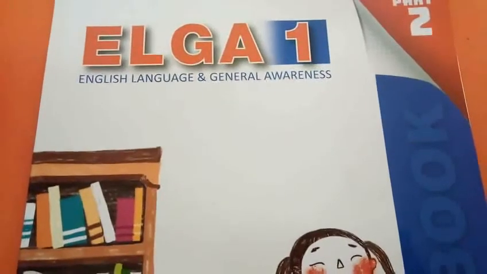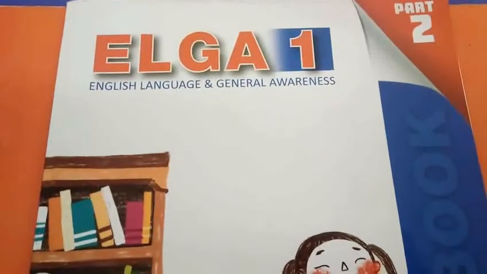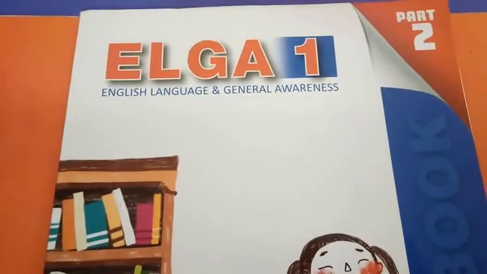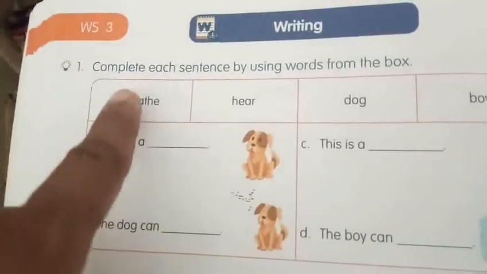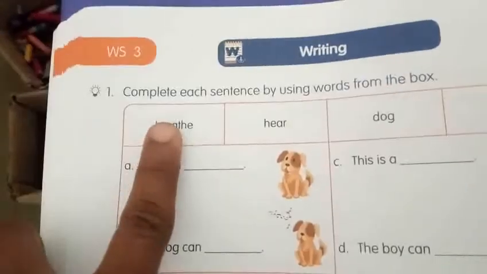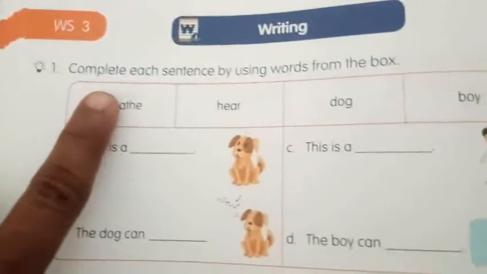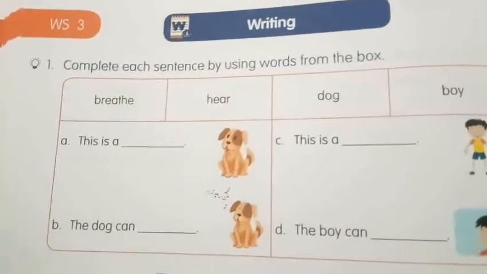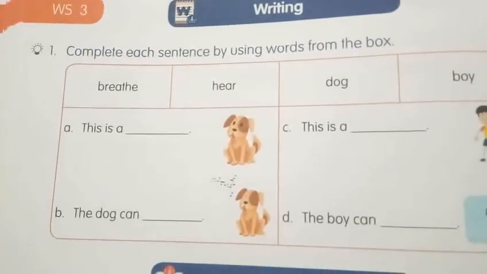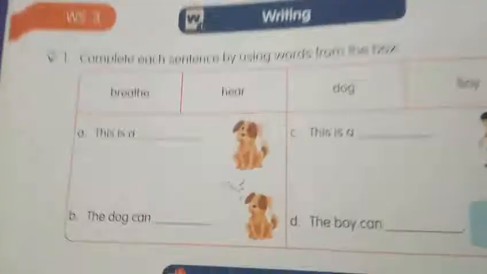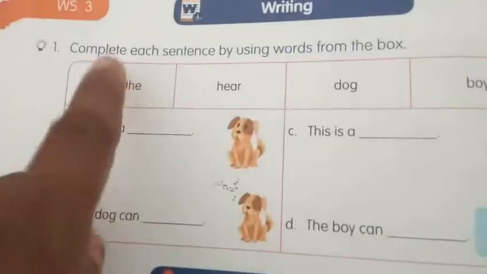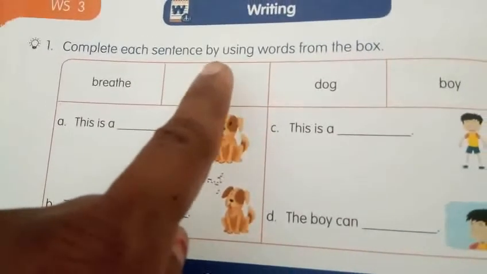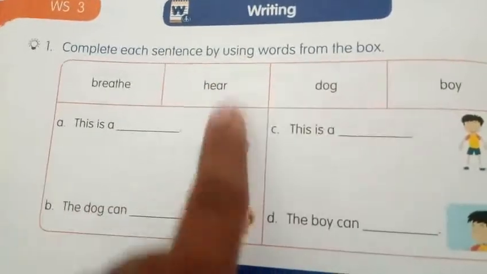Okay. Now you will open your worksheet number 3, question number 1. See this, my dear children. This is worksheet number 3, question number 1. I will give you 5 seconds time. Okay. 5, 4, 3, 2, 1 and 0. Page number 54, my dear children. Complete each sentence by using words from the box.